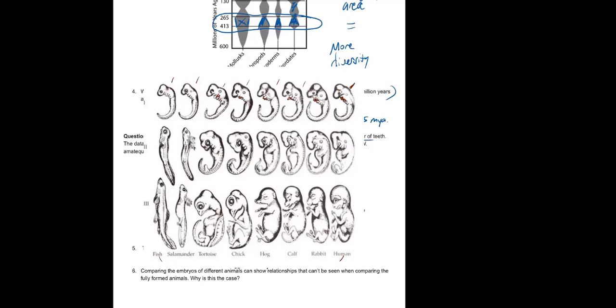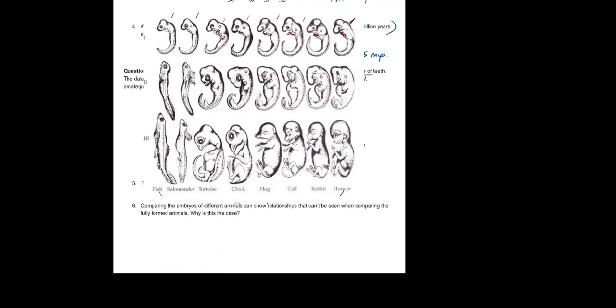So why would the human develop gill slits if they're going to go away? Why would we start to develop them? Well, we start to develop the gill slits kind of by mistake. It's like an accident. It's just this problem in our programming where we're like, all right, we're becoming a fish. Oh, wait, never mind, we're becoming a human. Because we have a relationship still to the fish.